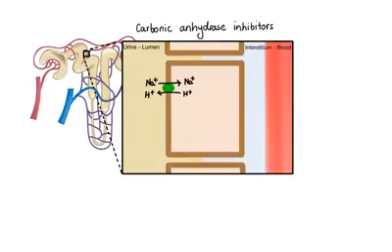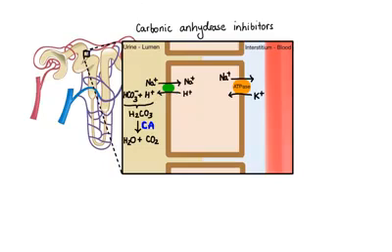Next, reabsorbed sodium is pumped by sodium-potassium ATPase out of the cell, while the secreted hydrogen ion combines with the luminal bicarbonate ion to form carbonic acid. Carbonic acid is then rapidly dehydrated to carbon dioxide and water by the enzyme carbonic anhydrase.